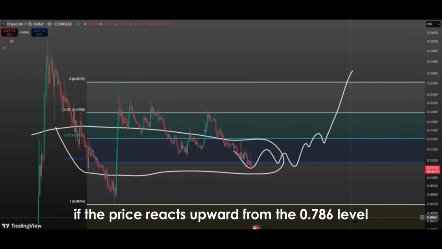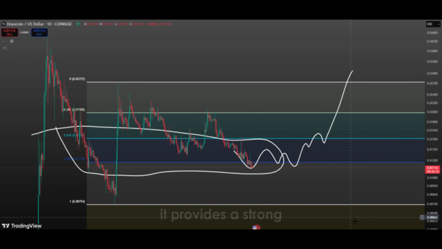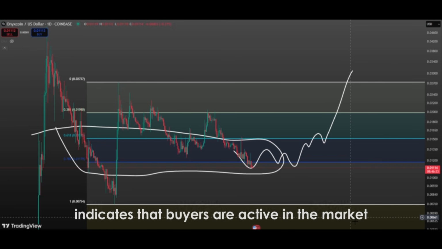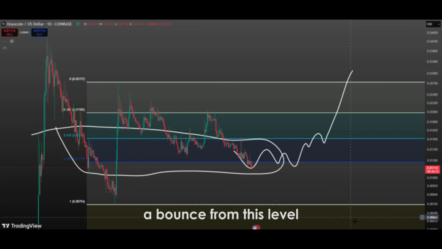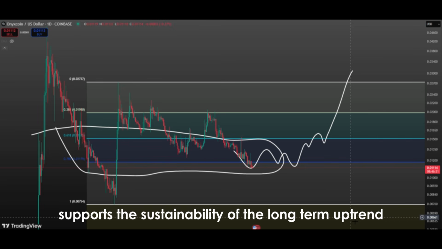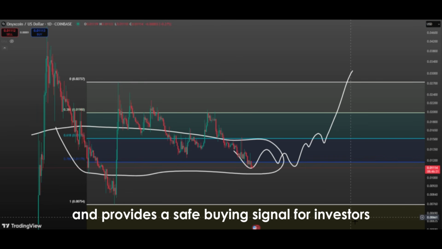If the price reacts upward from the 0.786 level, it provides a strong signal that the trend will continue. This reaction indicates that buyers are active in the market, selling pressure has diminished, and the price is ready to move upward. Thus, a bounce from this level supports the sustainability of the long-term uptrend and provides a safe buying signal for investors.